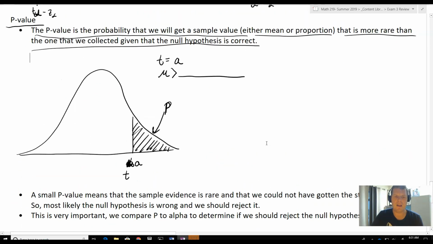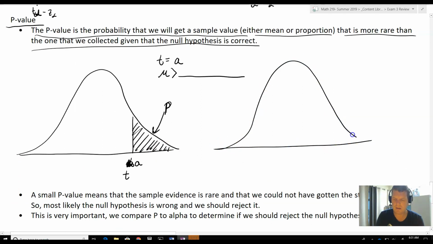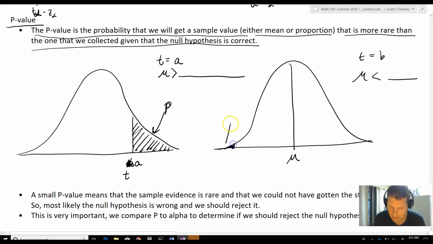So a small p-value is a small region. Say, for example, we let mu be less than some value, whatever our null hypothesis is, and we have that t is equal to b, a small value. This would be my p-value.